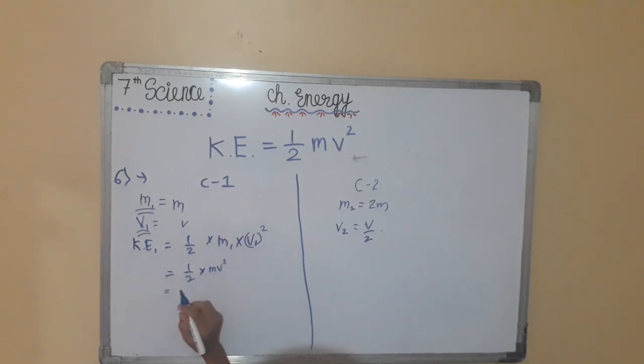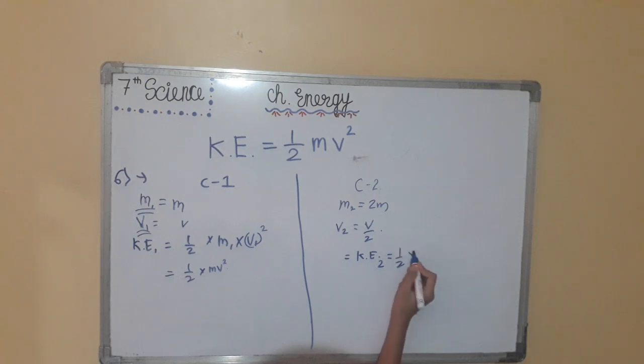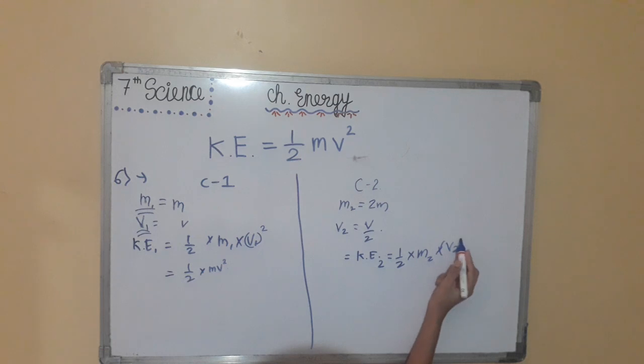Kinetic energy 2 is equal to half into m2 into v2 square.